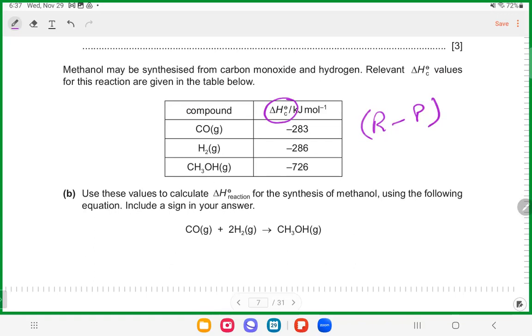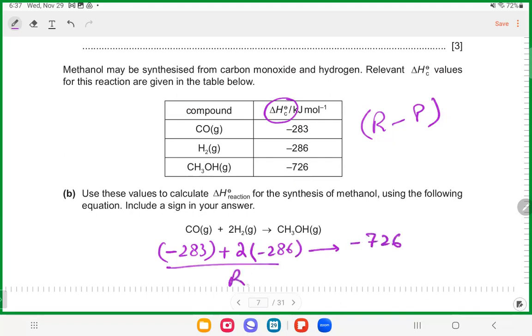अभी हम पढ़ेंगे इसकी थ्योरी डिटेल में. नहीं, यही दो, या तो कंबस्शन का डाटा गिवन होगा या फॉर्मेशन का डाटा. देखिए कार्बन मोनोऑक्साइड इज 283 प्लस 2 टाइम्स ऑफ हाइड्रोजन. कंबस्शन तो होती है ना हाइड्रोजन की, तो वैल्यू लगाएंगे आप. ठीक है, विच इज माइनस 286 फॉर्मिंग CH3OH, which is minus 726.